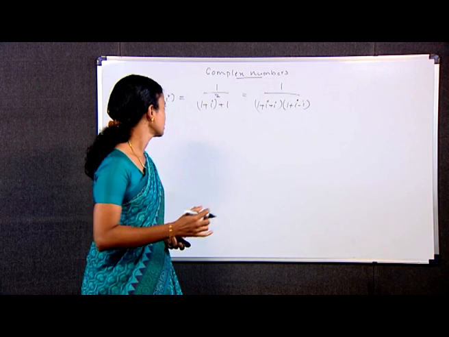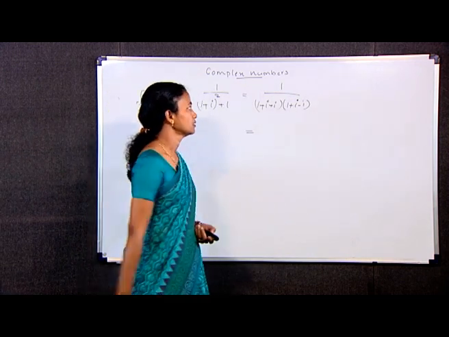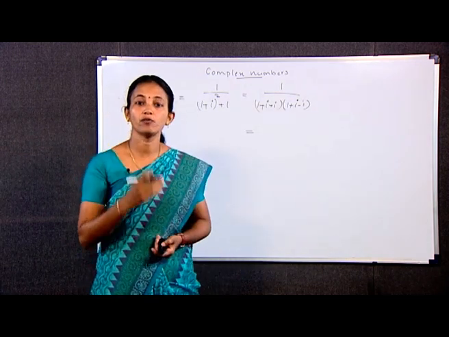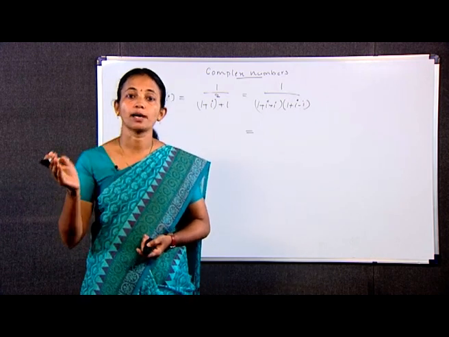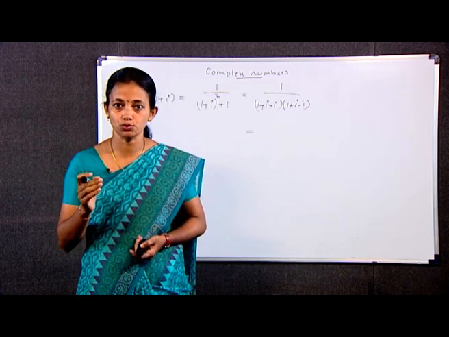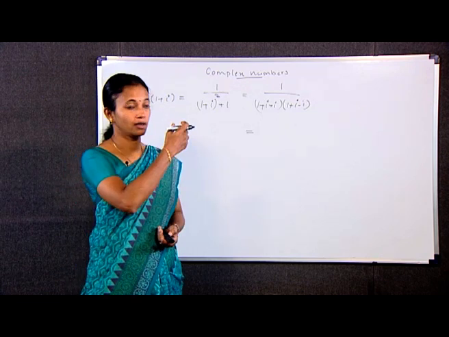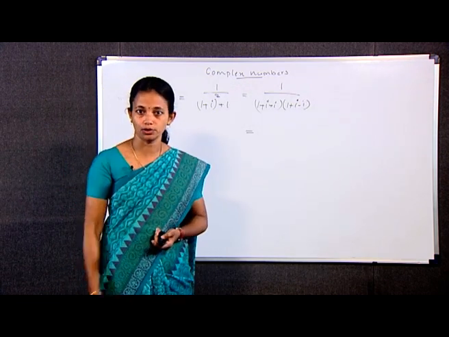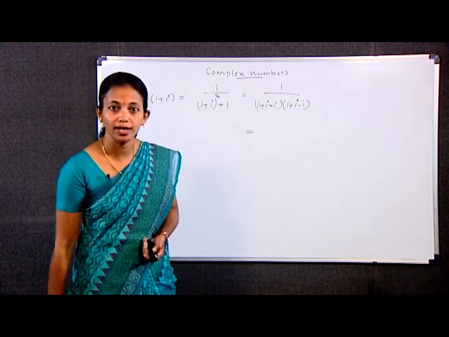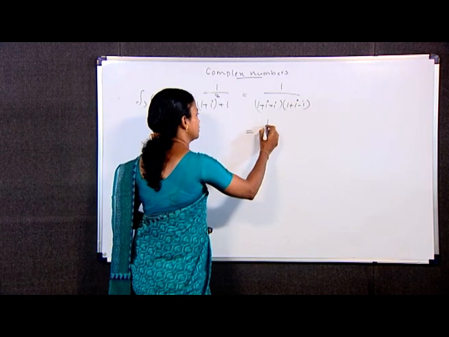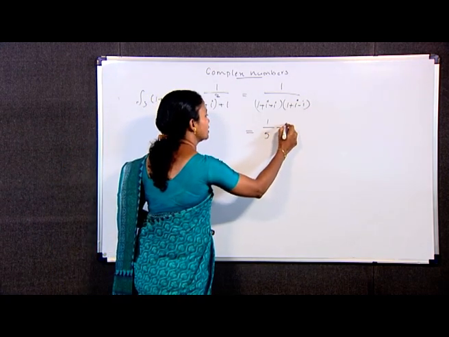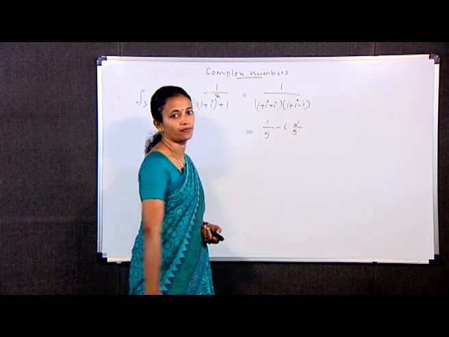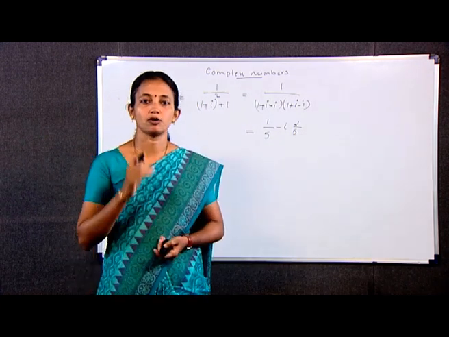That is 1 by (1 plus 2i), which is equal to (1 minus 2i) by (1 squared plus 2 squared), by multiplying with the complex conjugate. We can write it as 1 by 5 minus i into 2 by 5. This is a complex number.